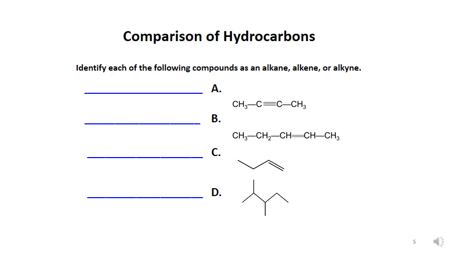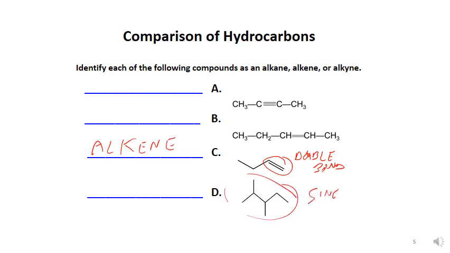What about these last two? I see a double bond, right? If you see a double bond, that allows you to know that it's an alkene right away. And there's nothing but single bonds. And if you have nothing but single bonds, then you're going to have an alkane.